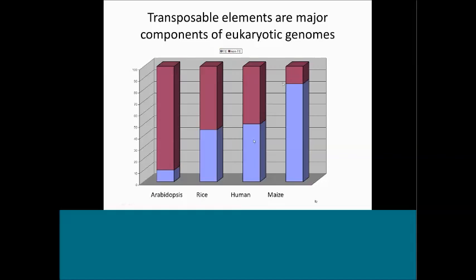If we look at maize, which has a genome size similar to human, 85% of the genome is transposable elements. And among them, 75% of the genome is LTR retrotransposons. So in plants, the amount of LTR retrotransposons largely explains the variation of genome size.